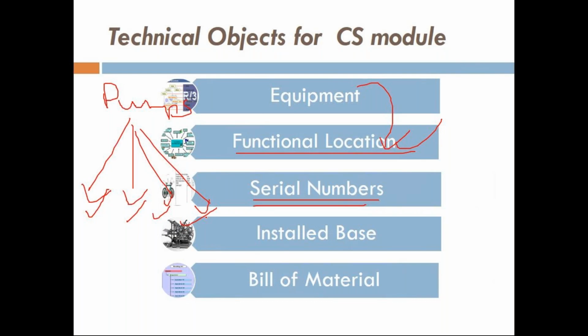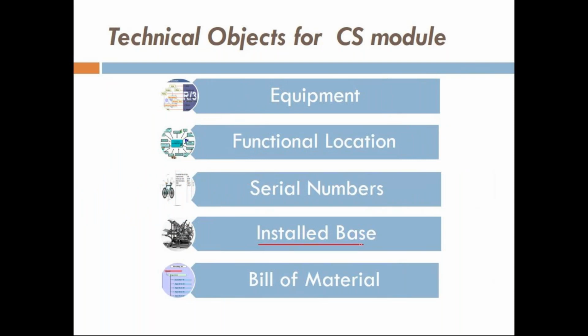You have an iPhone, I have an iPhone. Same color, same model, everything same. How will you differentiate your iPhone and my iPhone? There will be different serial numbers. How serial numbers are created and assigned to equipment, all those things we will discuss.